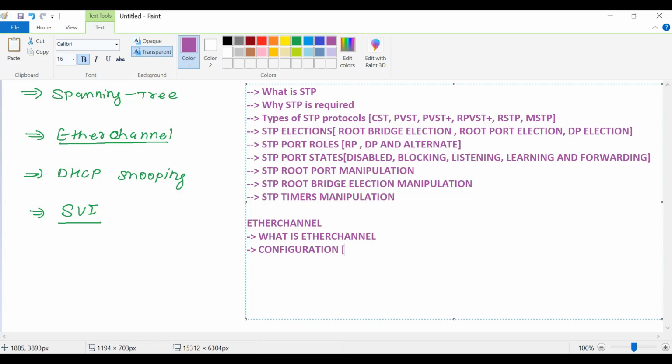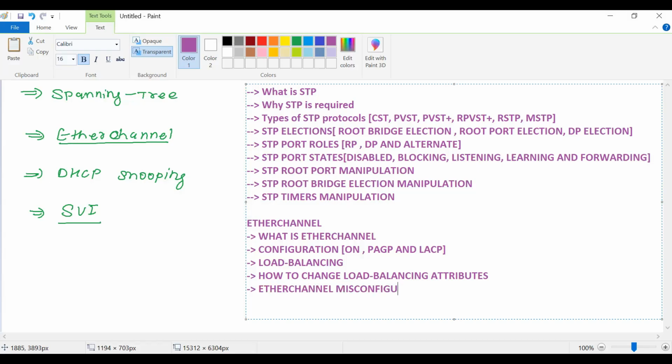Configuration, on mode, PAgP and LACP, load balancing, how to change load balancing attributes, EtherChannel misconfiguration guard. All of these topics must be clear.